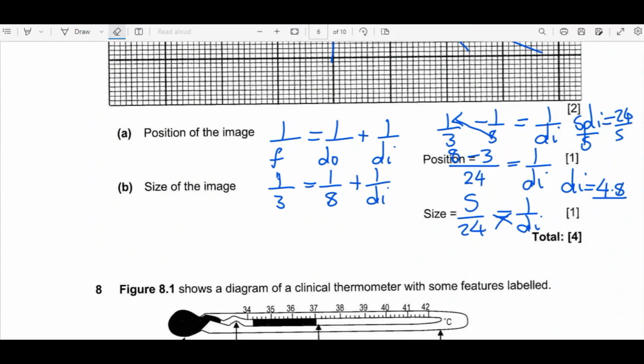So height of an image over height of an object is equal to negative distance of an image over distance of an object. The height of an object is given as 4 centimeters. The height of the image is what we are solving for. So HI over 4 centimeters is equal to negative distance of an image, 4.8, over distance of an object we are given, 8 centimeters.